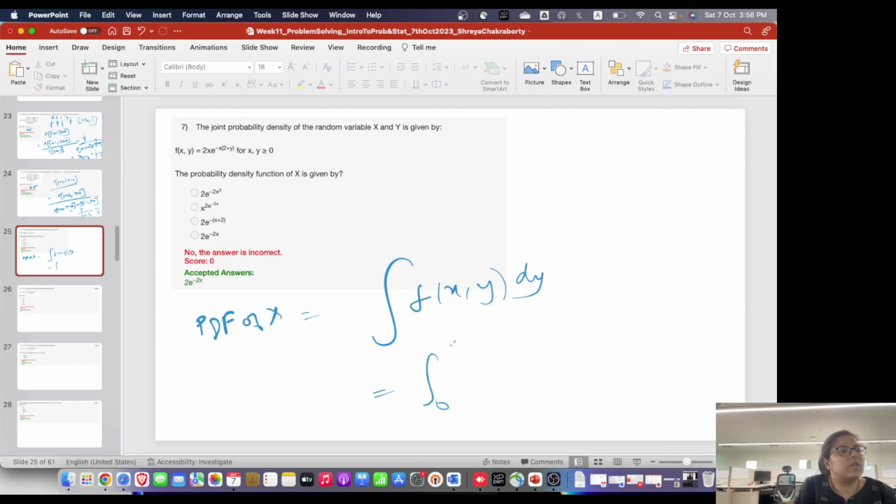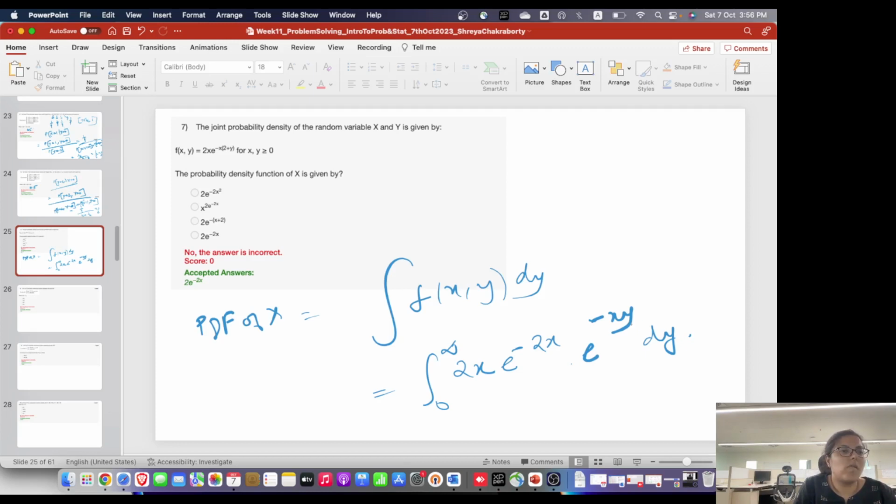So it will be 0 to infinity 2x e to the power minus 2x into e to the power minus xy dy.